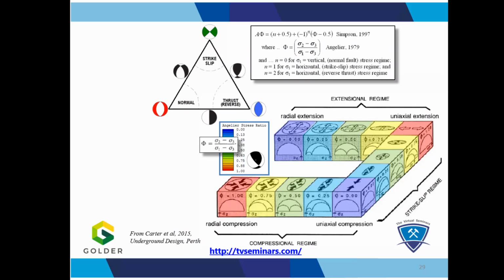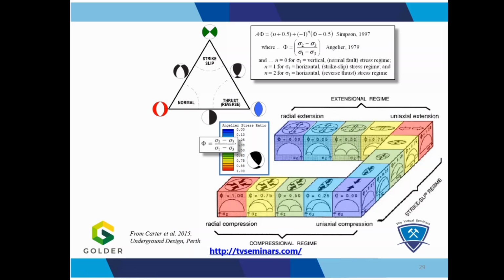So the Angelier ratio gives us a clue to how that behavior depends on stress state. In recent publications, I showed this chart, which relates Mohr envelopes to regional stress conditions and regimes.